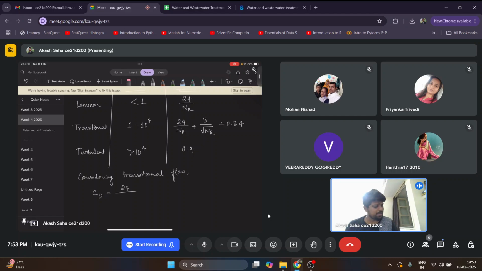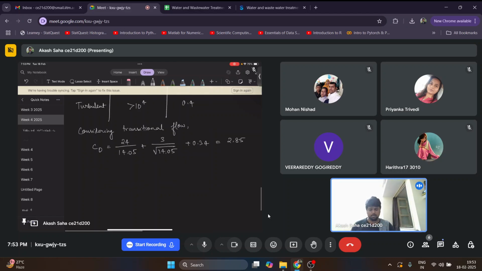It is 24 by NR, that is 14.05, plus 3 by root NR, root 14.05, plus 0.34. This will be 2.85. So this will be my CD.